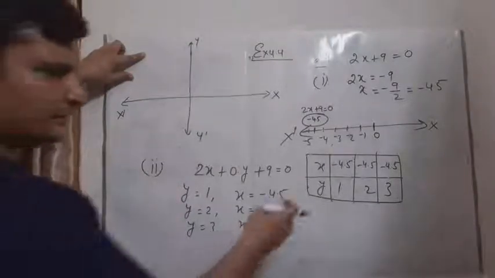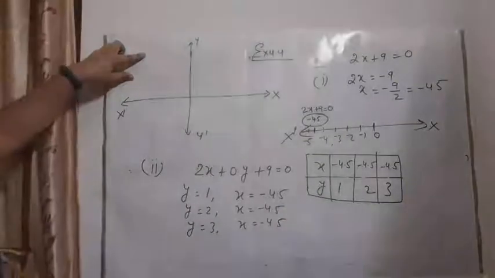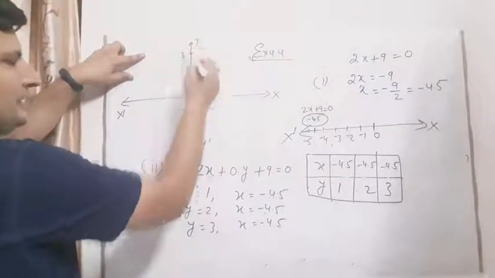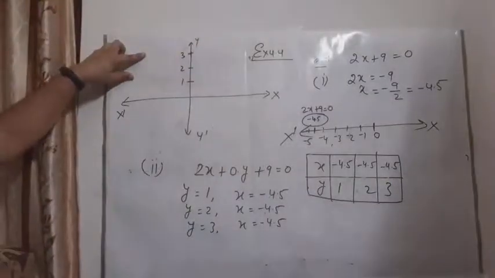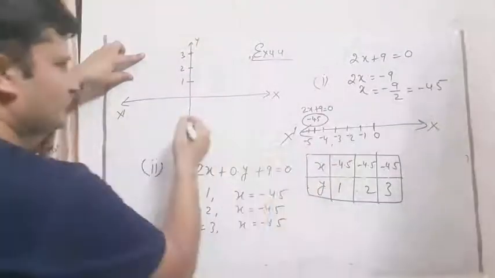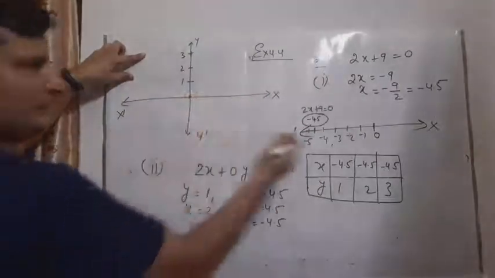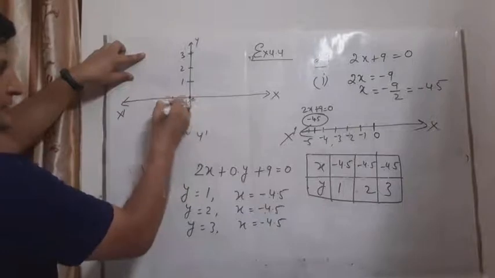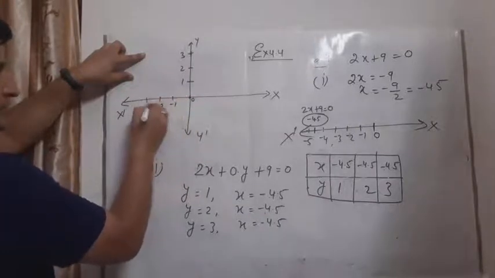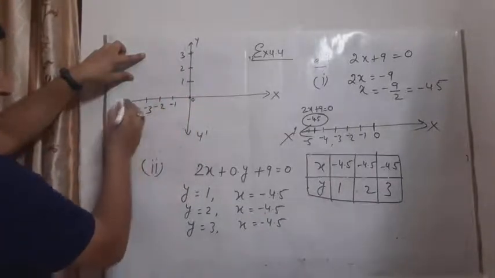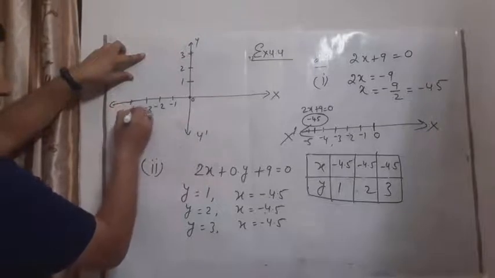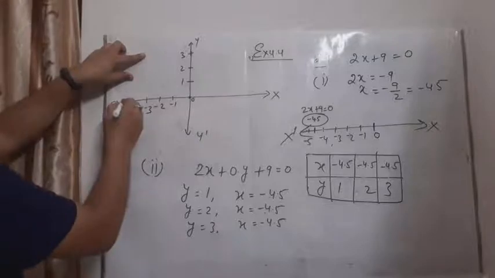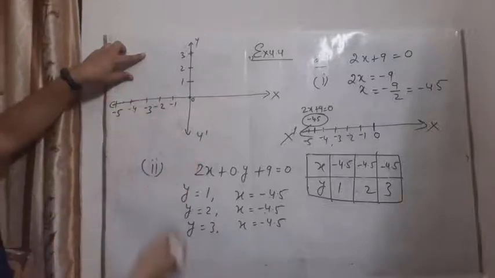Students, the values here are y is equal to 1, 2, 3, and the value of x is minus 4.5, which will come on the left side. This is 0, minus 1, minus 2, minus 3, minus 4, minus 5. This point is minus 4.5.